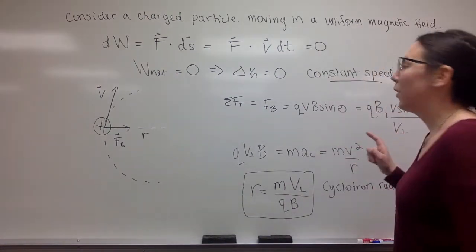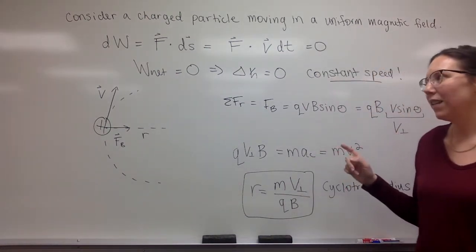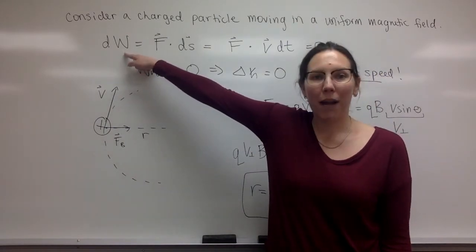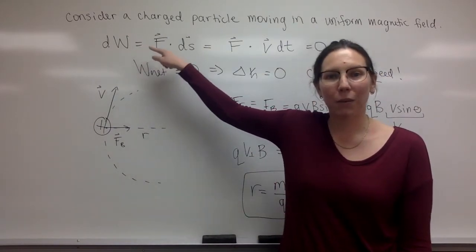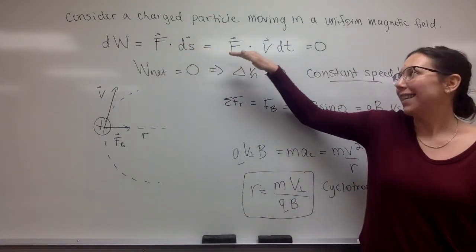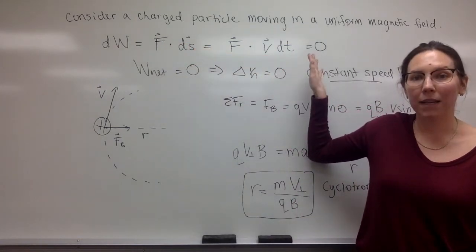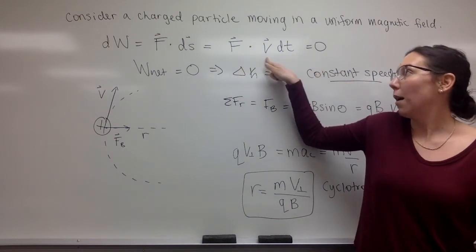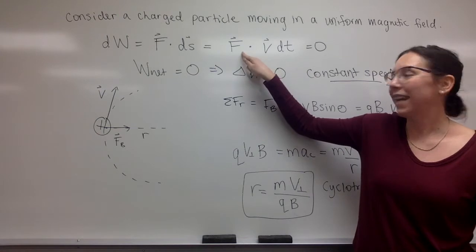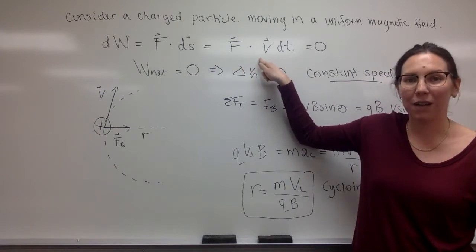Consider a charged particle moving in a uniform magnetic field, and let's first look at the work. If we calculate the work done by this force, we have dW equals F dot ds, or F dot v dt, and that has to be equal to 0 because the dot product of perpendicular vectors is 0, and we know that the magnetic force is always perpendicular to the velocity.